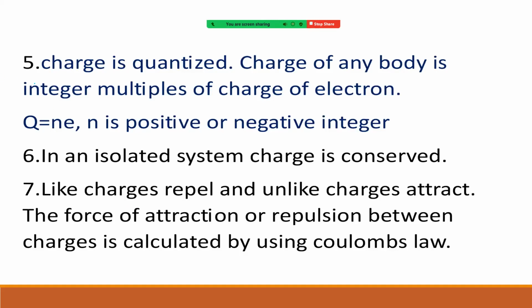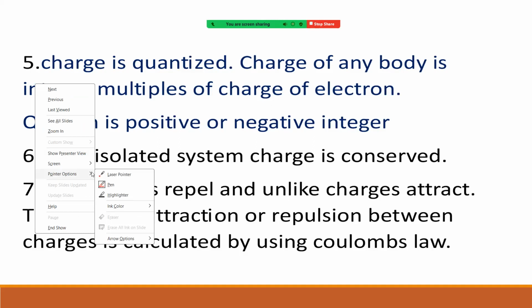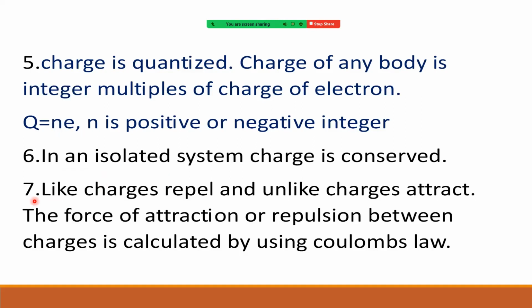The next important point, the seventh point: like charges repel and unlike charges attract. Like charges means if you take two positive charges, they repel each other. If you take two negative charges, they repel each other.